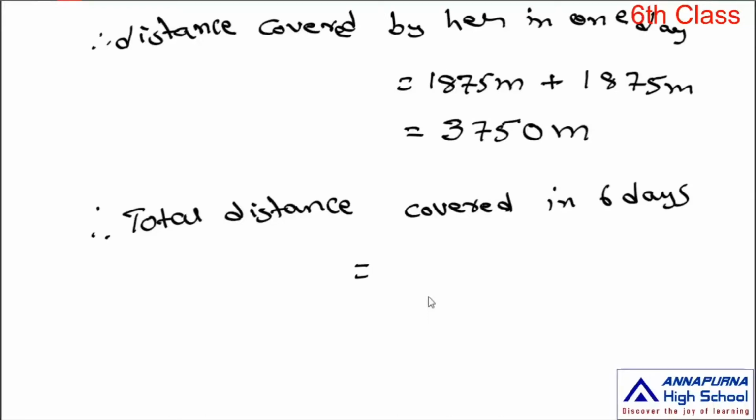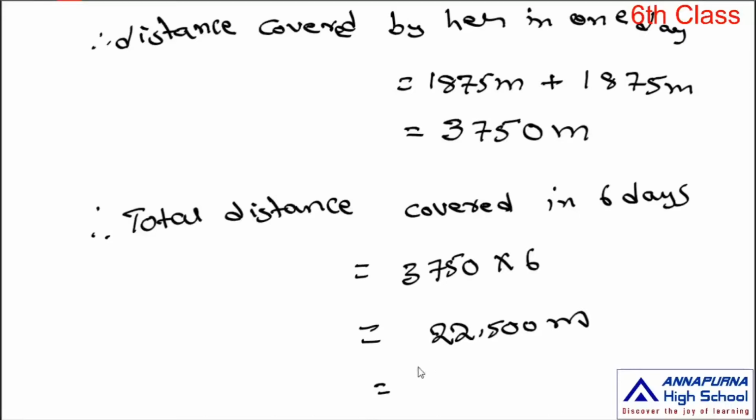How can you find it? We multiply the 1 day distance by 6. 1 day distance is 3750 meters. 3750 into 6. What is the answer? 22,500 meters.